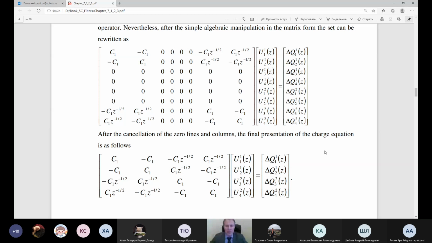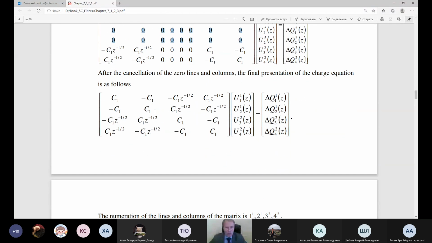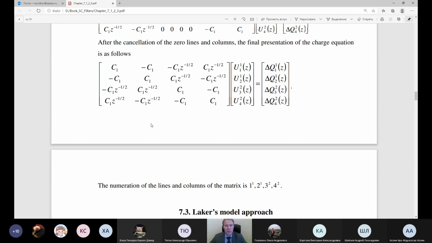And as the last step, it is possible to delete from this matrix the zero columns and lines. In other words, we have a number of zero columns and zero lines, and it is possible to delete them from the matrix. After this operation, we will have the result.